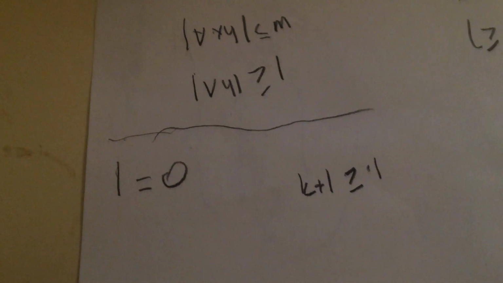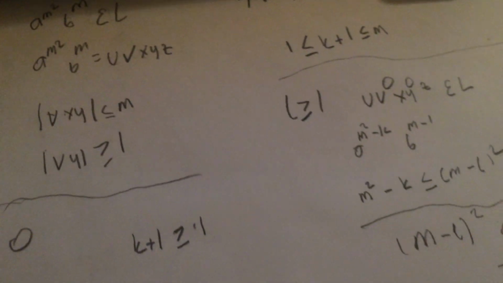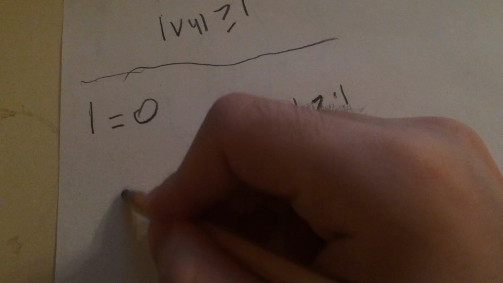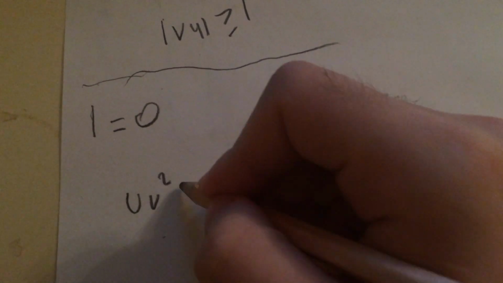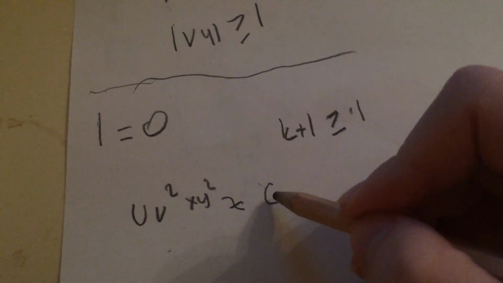From the Pumping Lemma we have that u v² x y² z will be in our language.